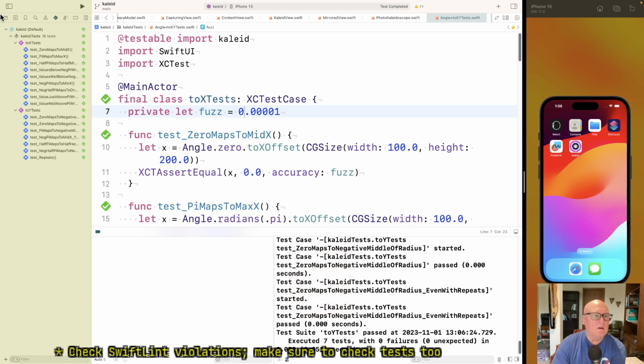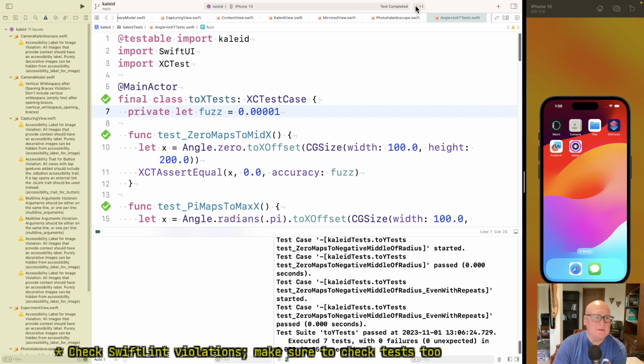Okay. Let's see what we have left. Are these... Oh, vertical white space.